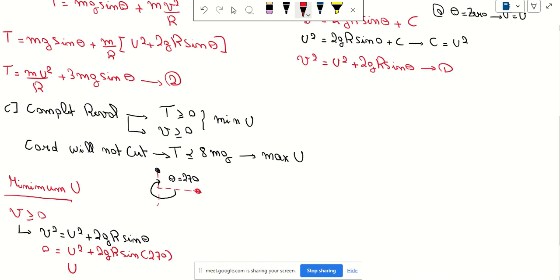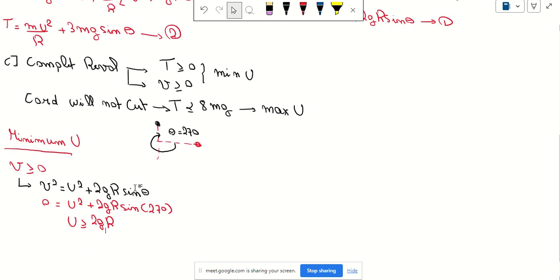And you'll find that u must be greater than or equal to the square root of 2gr. So the minimum velocity, in order to have a velocity equal to 0 at the highest point, is that u must be greater than the square root of 2gr. Okay?